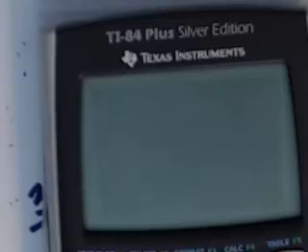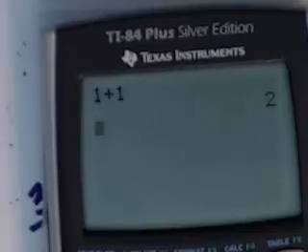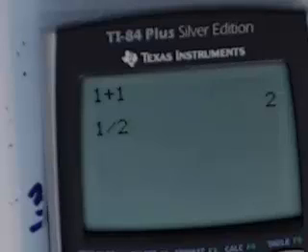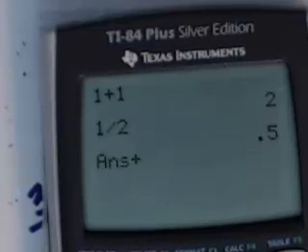So we're going to begin with the number 1, and we're going to add 1. That gives us 2. We're going to take the reciprocal of 2, which is 1/2, and we're going to add 1 to that.